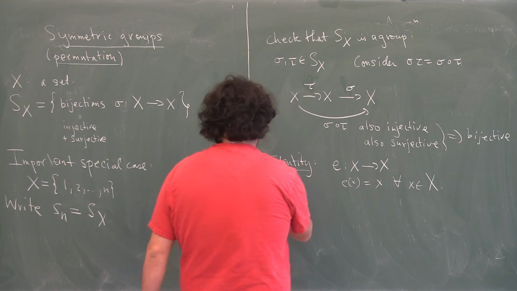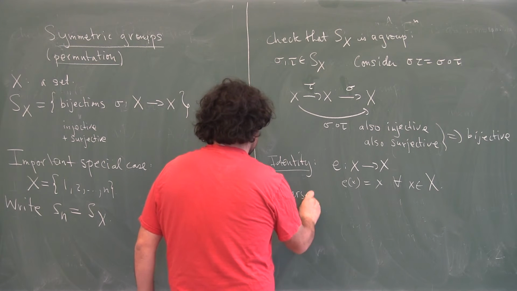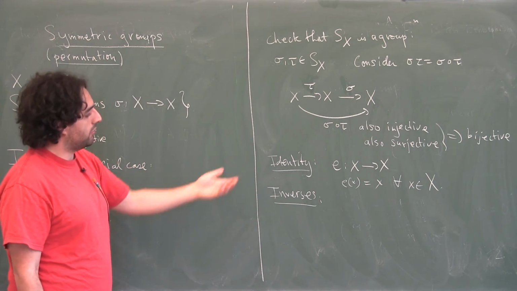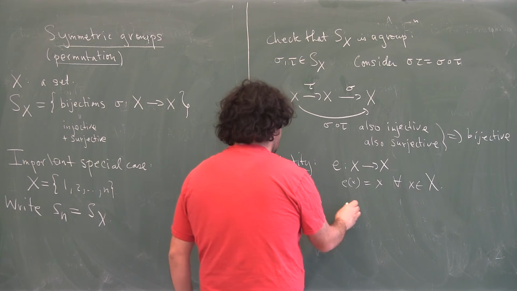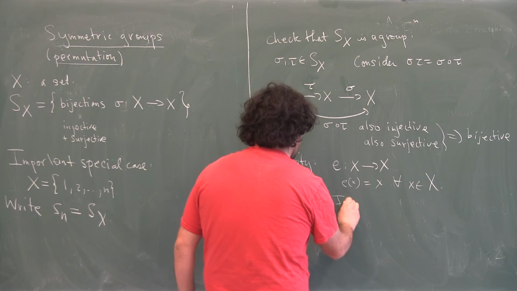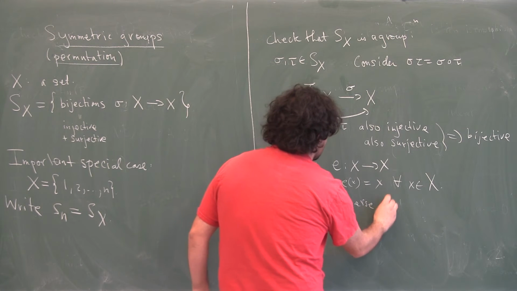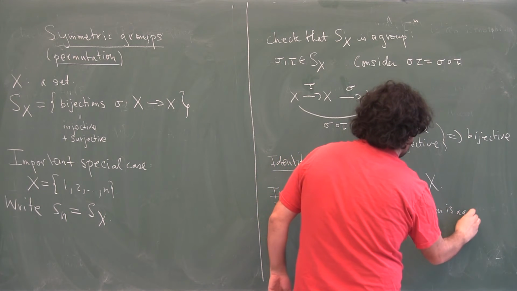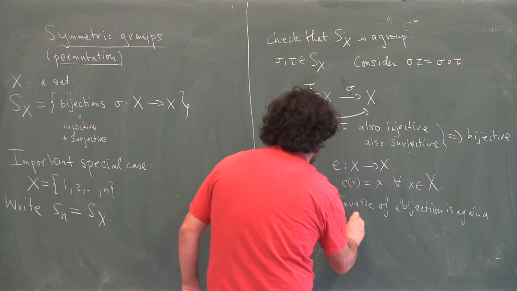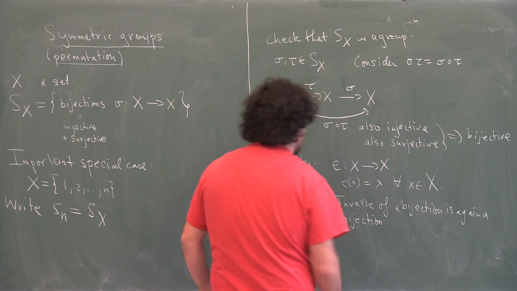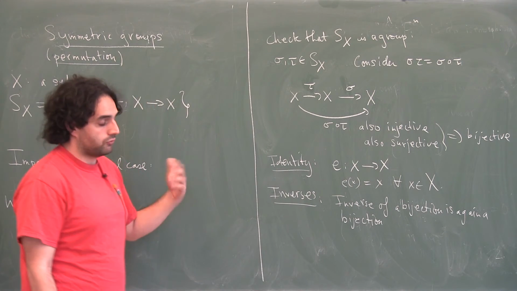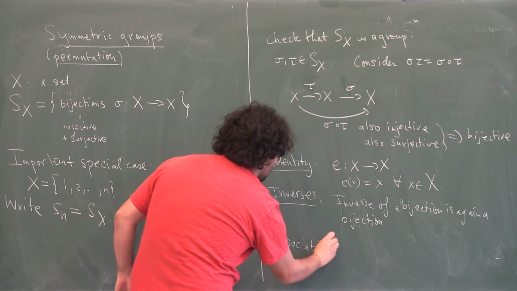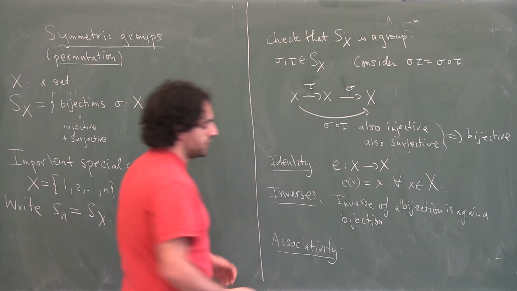And inverses. Well, as you know from when you learned about functions, the inverse of a bijection is again a bijection. So it's closed under inverses, and for associativity, it's the same discussion as what we just did in the case of matrices.